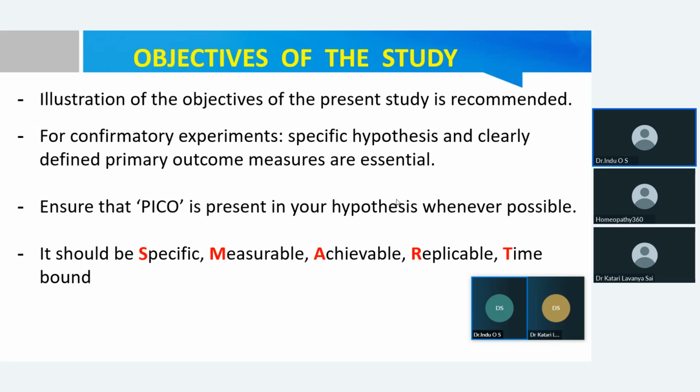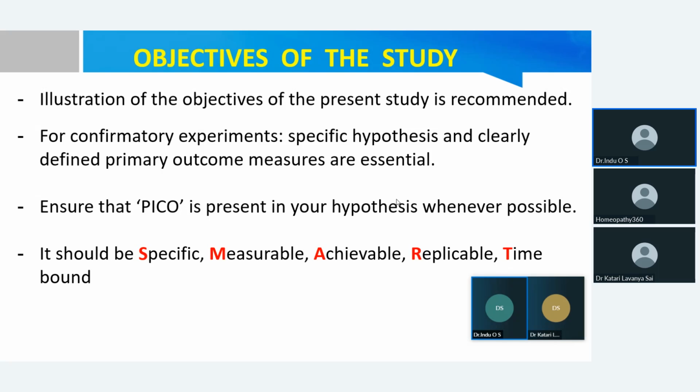So we can study or estimate the level of serum ferritin before and after the treatment. That is a measurable parameter. Then it should be achievable. So don't set an ideal objective. We have to set a real achievable parameter with the given time or duration of your study.